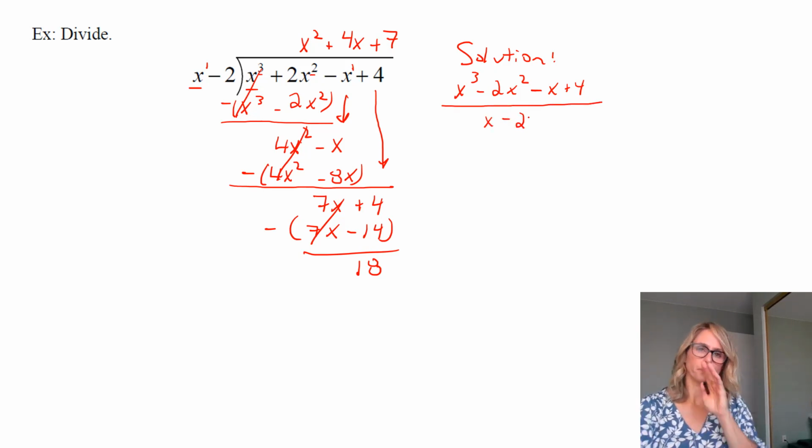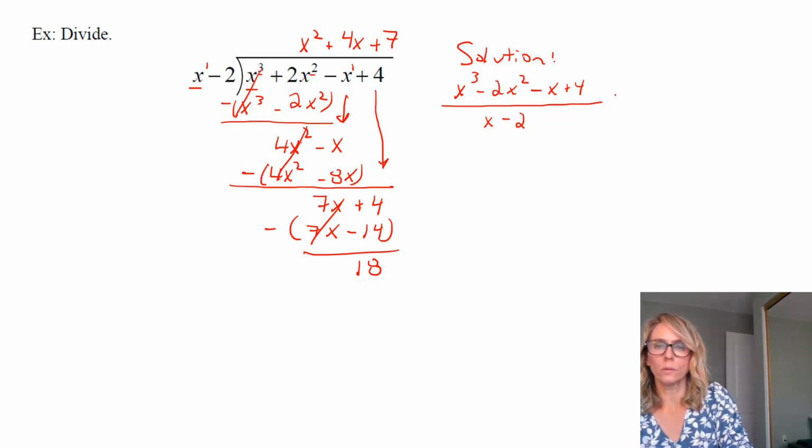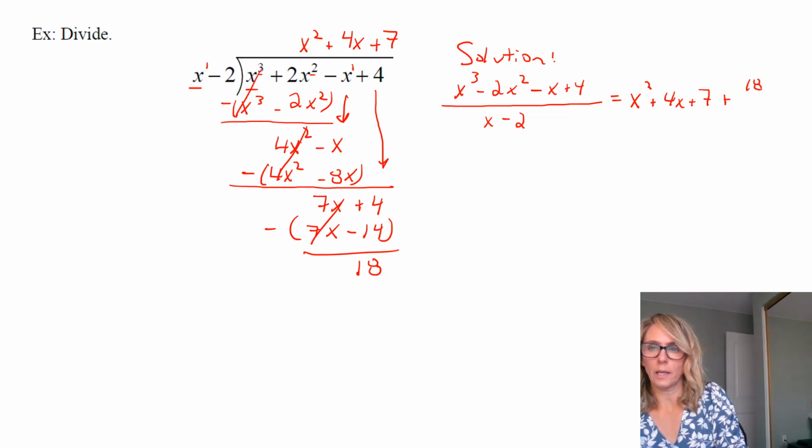So we have that equals x squared plus 4x plus 7 plus the remainder of 18, which is over the divisor.